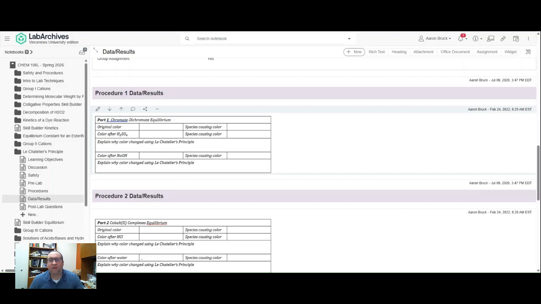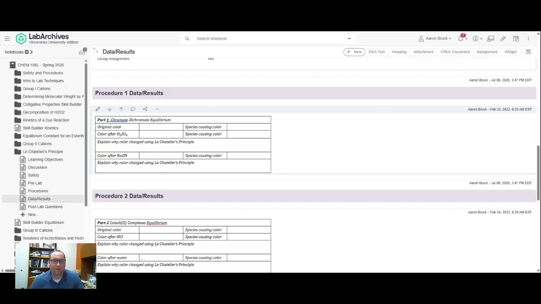Now, the thing that you need to know about this particular experiment is obviously we are picking things that are going to work and are going to manipulate the equilibrium system. So you should expect to see changes in each of these reactions. And if you don't see those changes, that's when you need to get my attention in the lab and let me know, hey, this isn't working the way that it should.